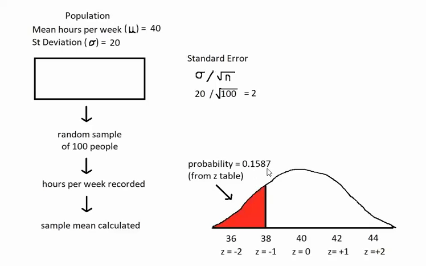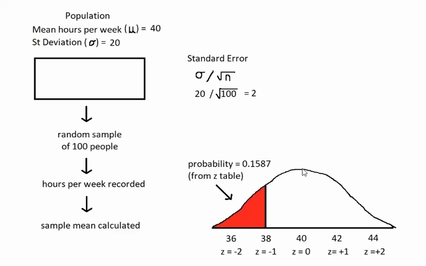So 0.1587 is the probability of the sample mean coming out somewhere in this area, 38 or less. Remember, the z-table gives you the probability to the left of the z-score. If we wanted the probability of the sample mean coming out above 38, we would do 1 minus this. So yeah, we got the answer we were looking for. It's 0.1587.